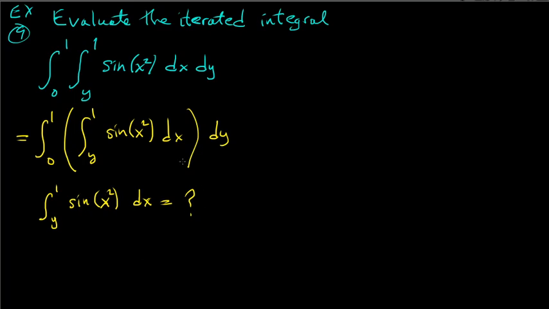Okay, so our only choice now is to look at what we're trying to integrate over. What's the region here? We're going from x equals y, so x equals y is y equals x, to x equals 1.